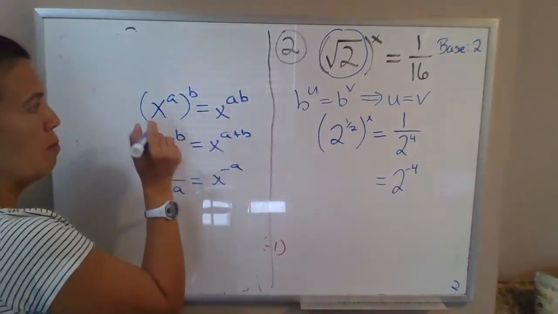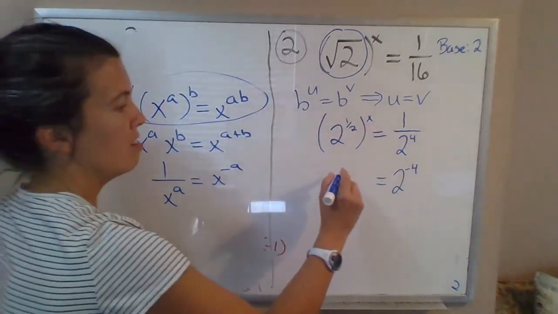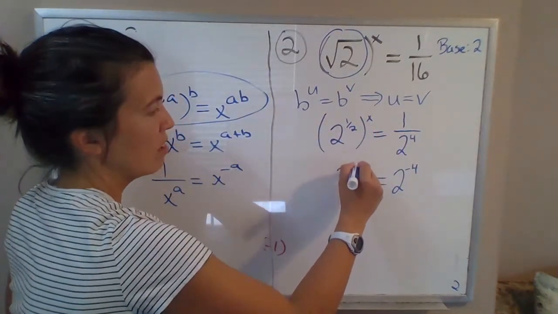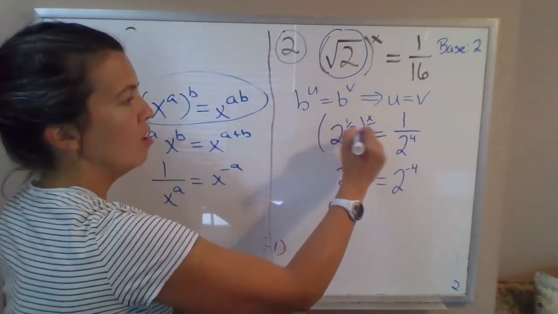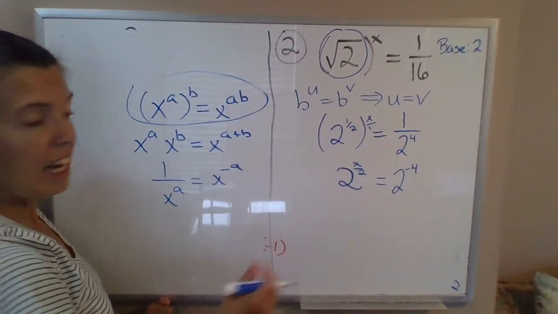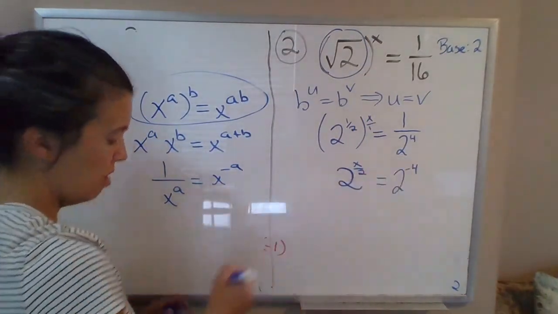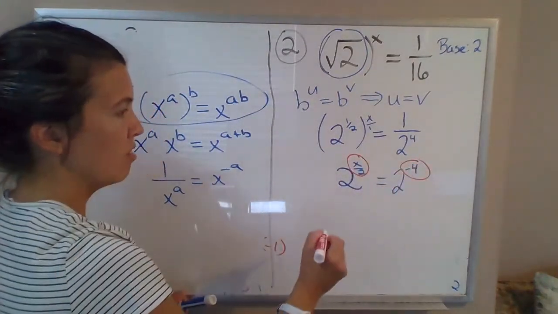And with this property, 2 to the 1/2 raised to the x is 2 to the 1/2 times x, which I could write as x over 2. If I multiply straight across, 1 times x over 2 times 1. And look, now you have it in the form 2 to the something equals 2 to the something. So now you can set these exponents equal to each other.